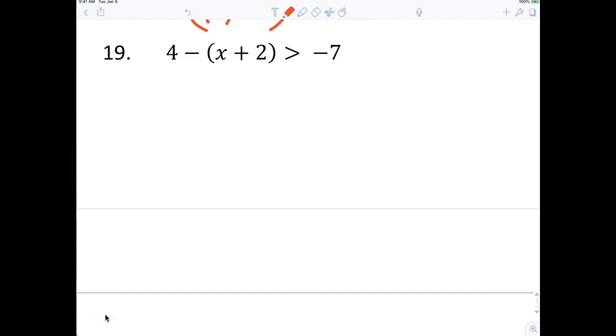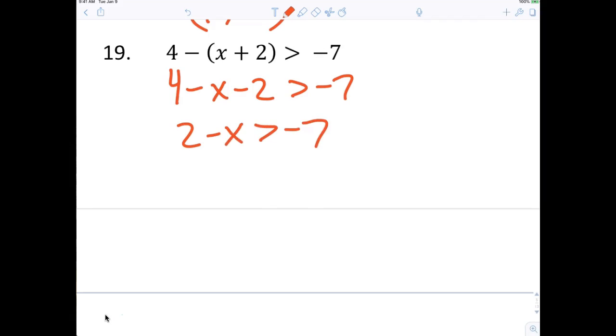4 minus 2. All right, here we go. 4 minus x minus 2 is greater than -7. What's 4 minus 2? 2. 2 minus x is greater than -7. Now, don't forget, this is a plus 2.